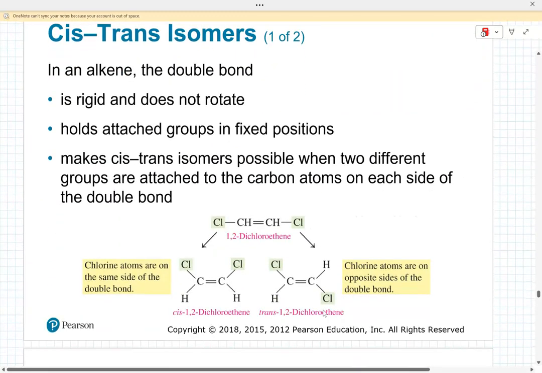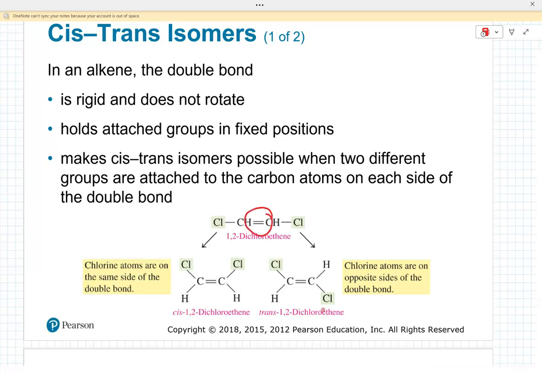So we talked about the idea that if you connect two carbons with a double bond, this connection becomes rigid, and there is no rotation. In other words, if you have two carbons connected by a double bond, the only way to rotate is to break one of them, which isn't going to happen.